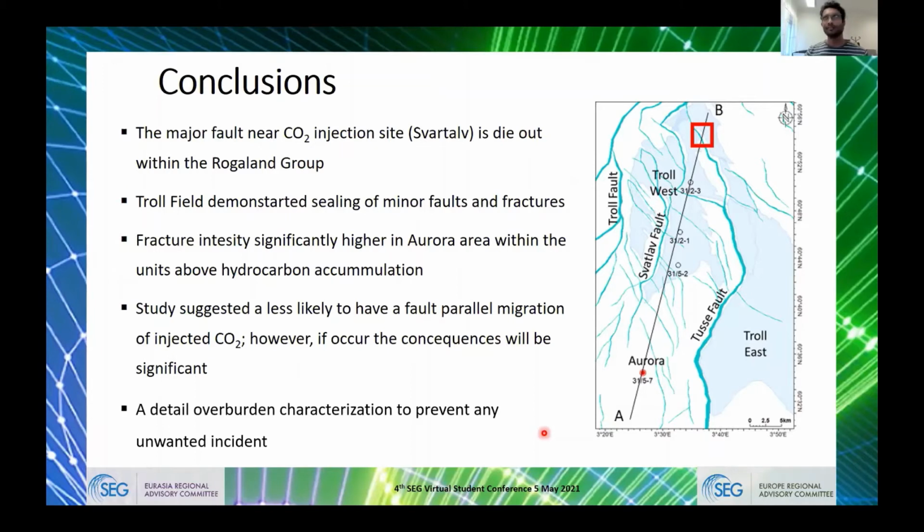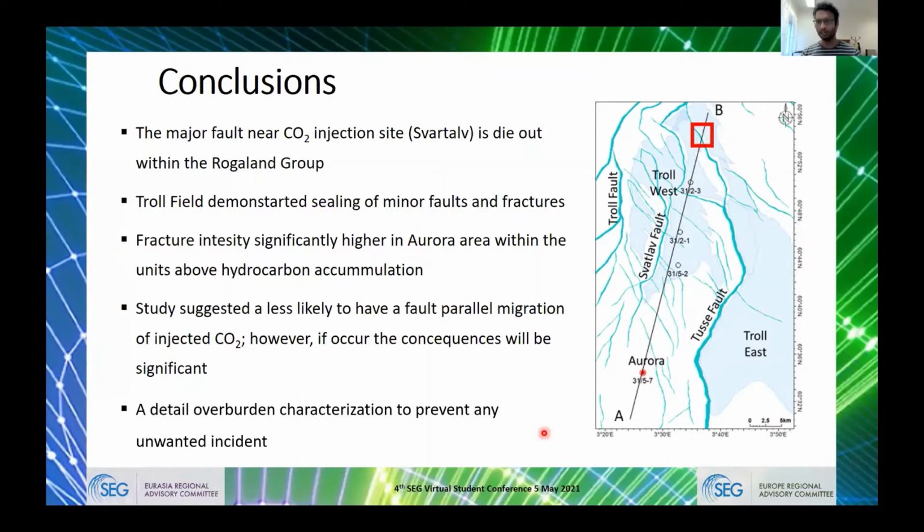We are expecting induced seismicity, but it depends on how much injection pressure as well as the volume. So I'm now working on geomechanical modeling. We will identify the optimal injection rate and injection volume so that we don't have any fracture within our caprock.